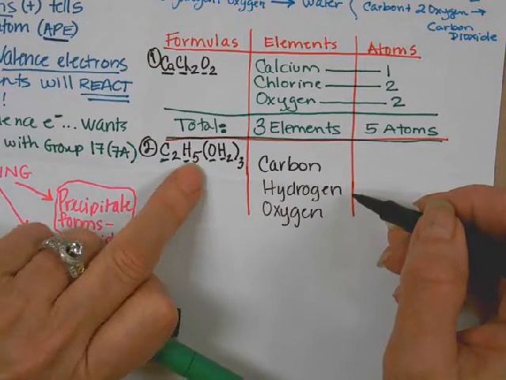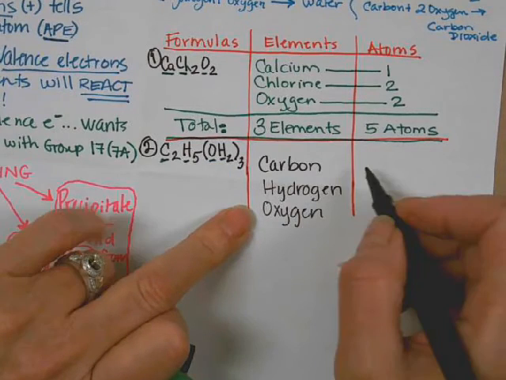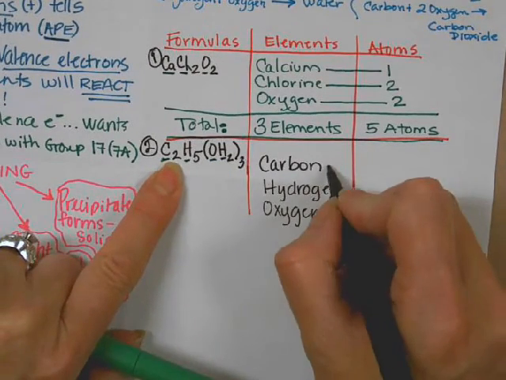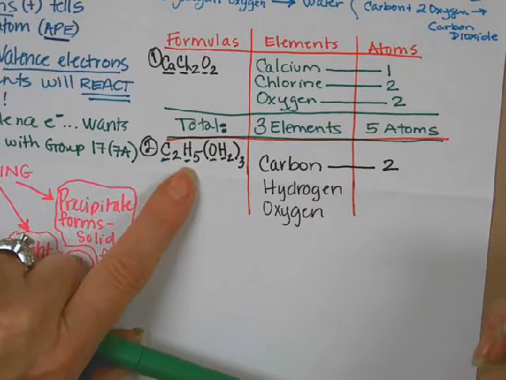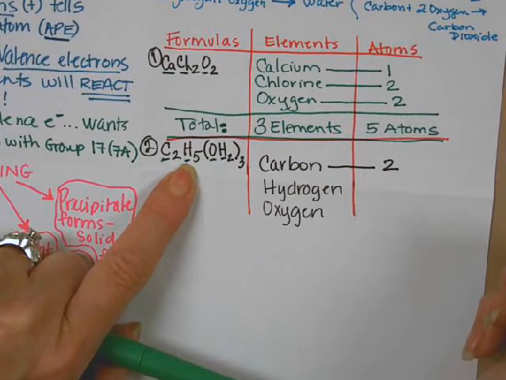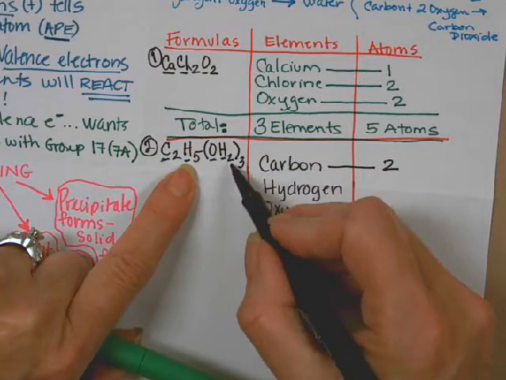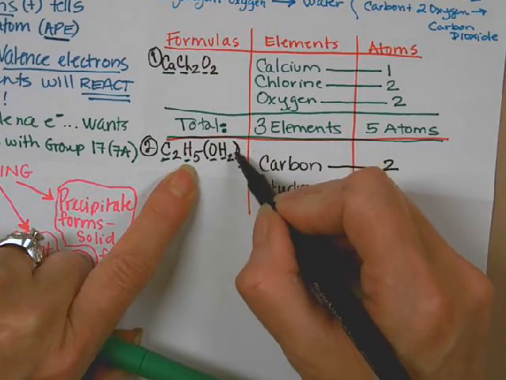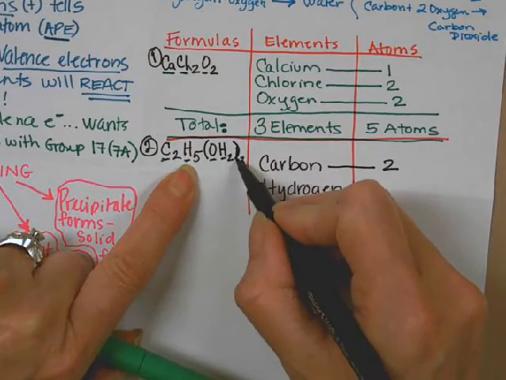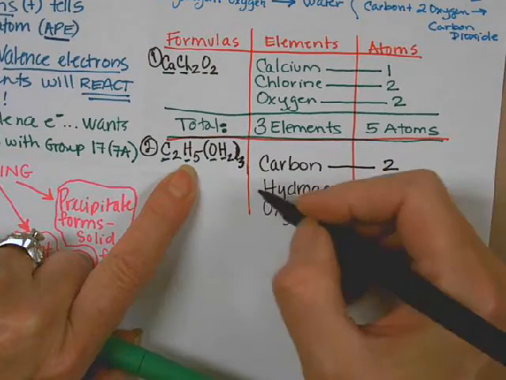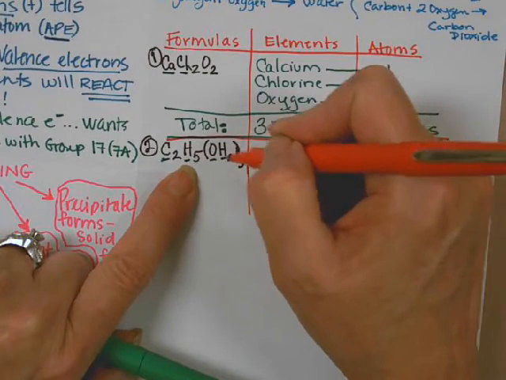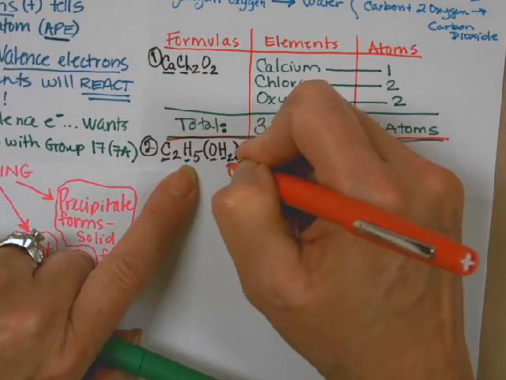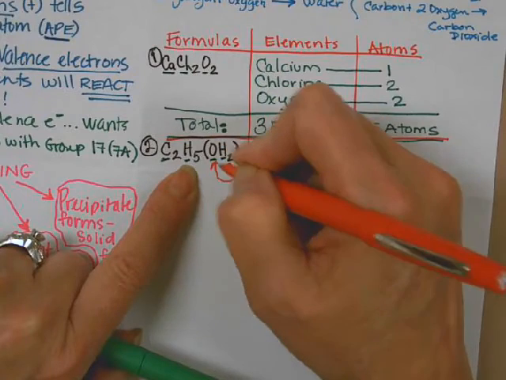But I have to add all the atoms of each. So atoms of carbon, C2, that means there are 2 atoms of carbon. Now I have 5 hydrogen here, but I have 2 inside the parentheses, and then outside the parentheses is that 3. So remember, when we have a double subscript like this, when something's outside the parentheses, they need to be multiplied.